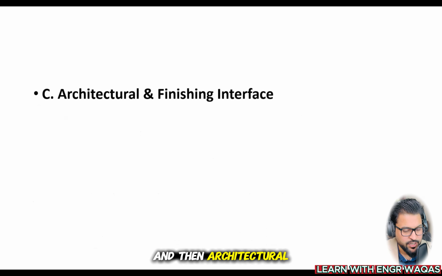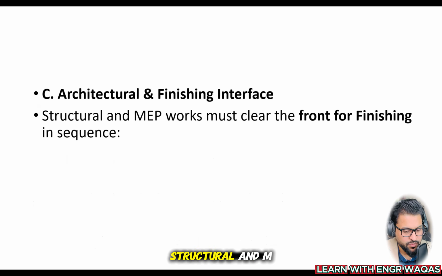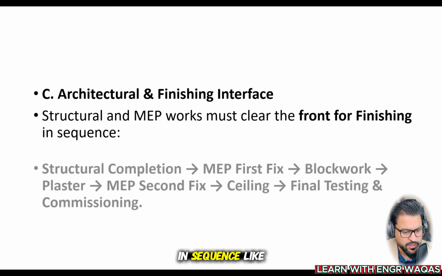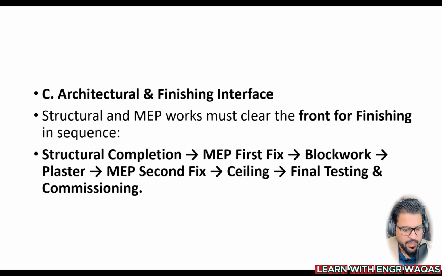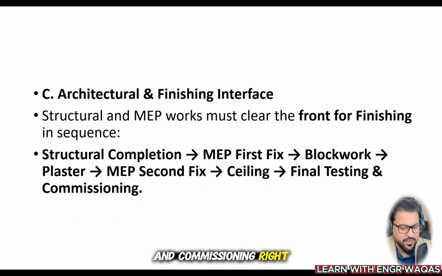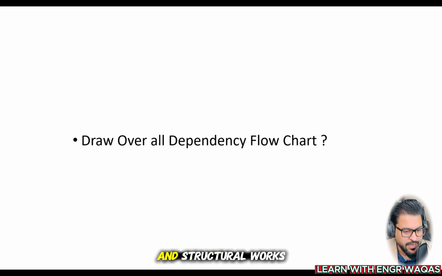And then architectural and finishing interface. Structural and MEP works must clear the front for finishing in sequence: structural completion, MEP first fix done, block work. After that, block work will be done. Then plaster, then MEP second fix, then sealing, then final testing and commissioning, right? So that is how you are going to sequence MEP and structural works.